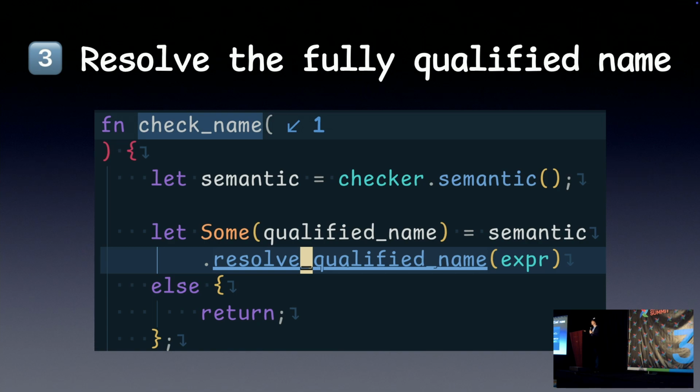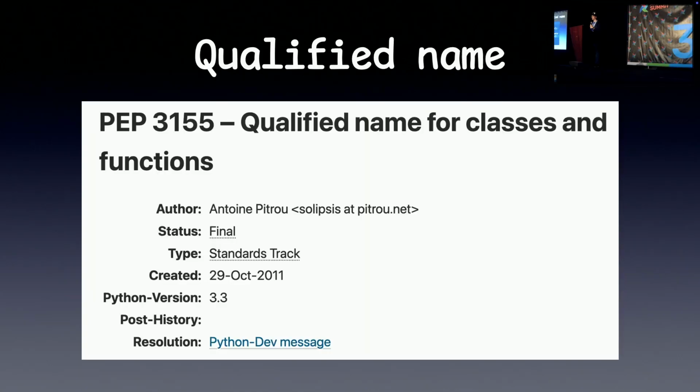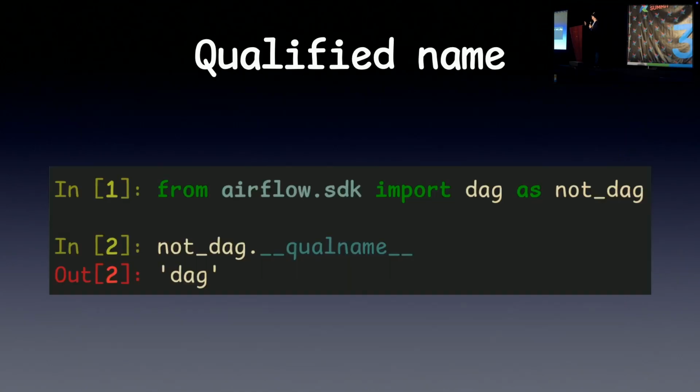By fully, we mean you'll be able to get a full class path, and qualified means you'll be able to get the name it was originally implemented with. So even if you import dag as not_dag, you can still get the qualified name as dag.